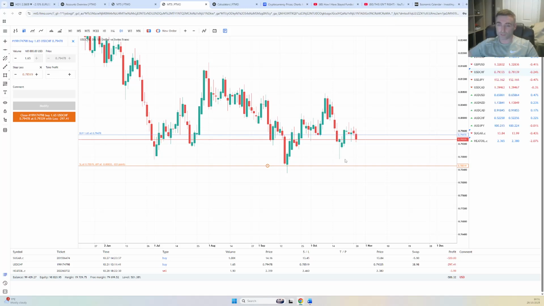So in this case, I've just dropped it slightly below this pivot here. So yeah, my stop loss is 0.78519. Hopefully we're going to see a nice reaction soon.